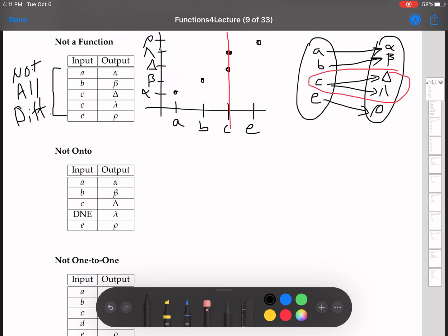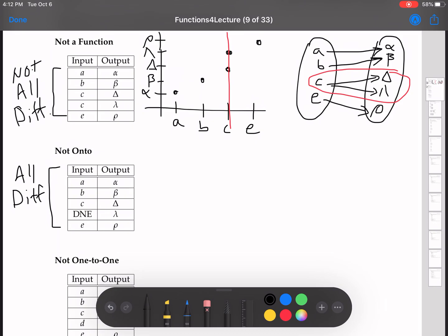Okay, so now onto. When is something not onto? Of course, remember everything has to be different, and you'll see all of these are all different now. You can have repeated D and Es, and that's still okay.